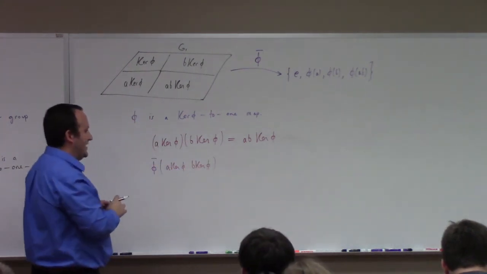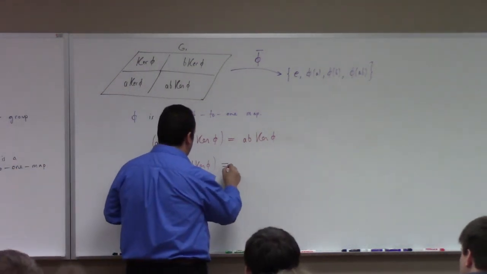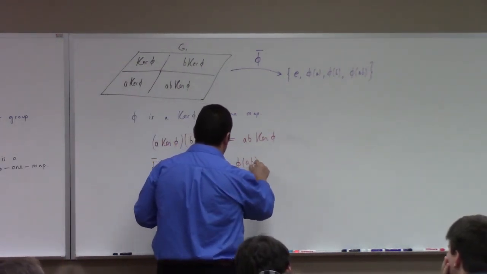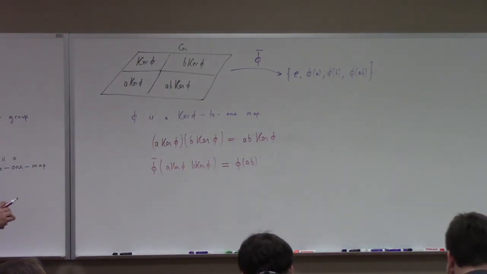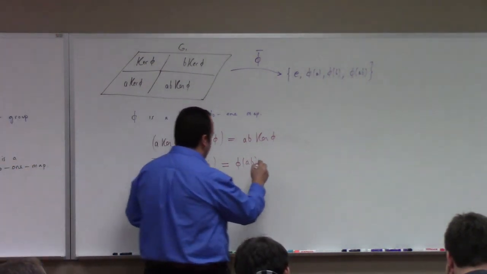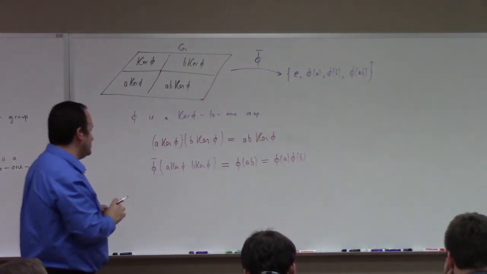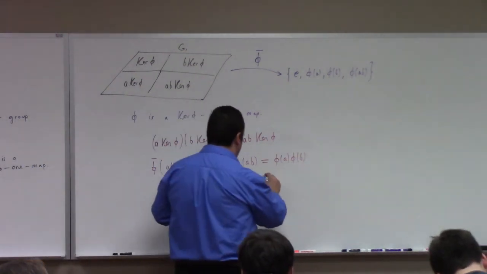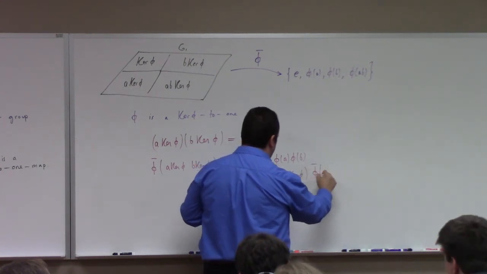I should have given kernel phi a name like N or something. So much kernel phi writing. Sorry about that. Now this would be equal to phi of AB, that's what it maps to, and this, since phi is a homomorphism, is phi of A times phi of B. Which is, by the way, phi bar of A kernel phi times phi bar of B kernel phi.